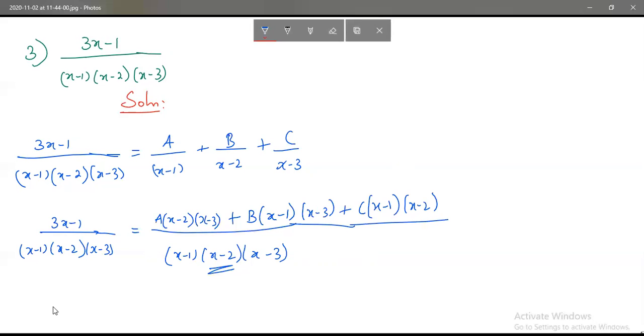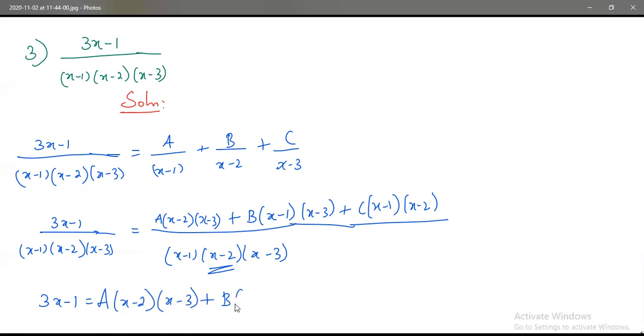Denominator and denominator get cancelled and you're getting 3x minus 1 is equal to a into x minus 2 into x minus 3, plus b into x minus 1 into x minus 3, plus c into x minus 1 into x minus 2.